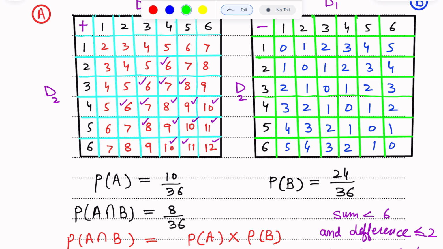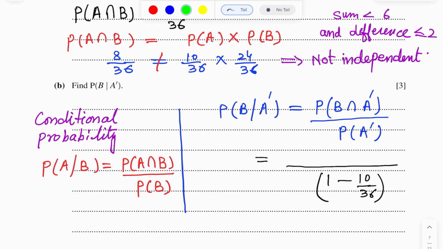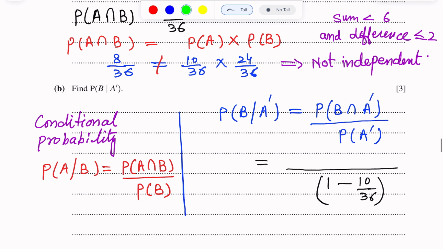So these numbers are 1, 2, 3, 4, 5, 6, 7, 8, 9, 10, 11, 12, 13, 14, 15, and 16. So we will write that probability of B intersection A dash is 16 over 36.